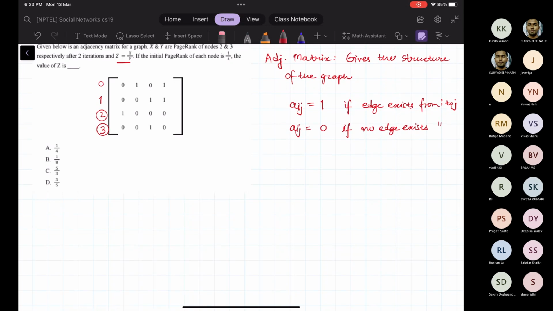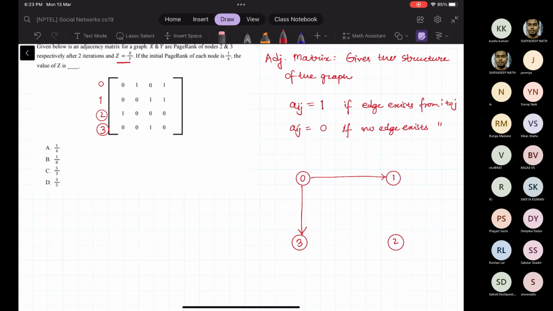Let us draw 4 nodes: you have 0, 1, 2, and 3. It says that there is an edge from node 0 to node 1, and an edge from node 0 to node 3.